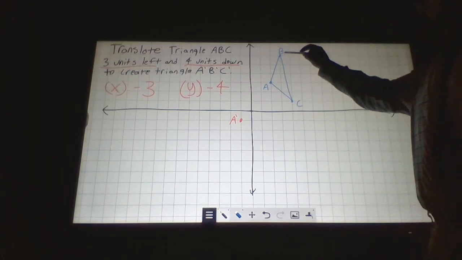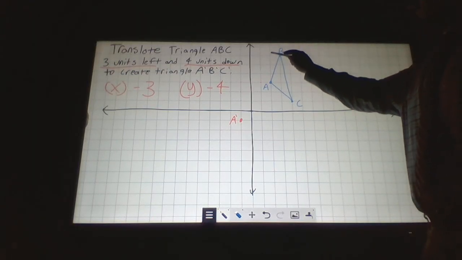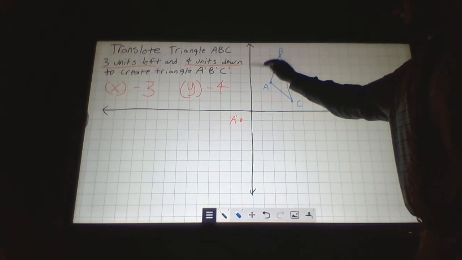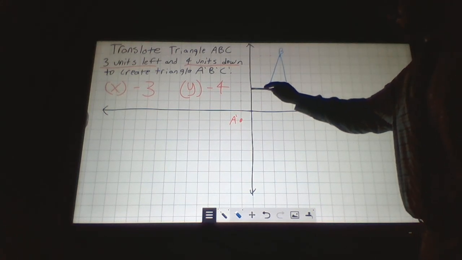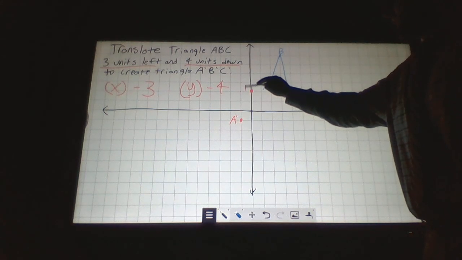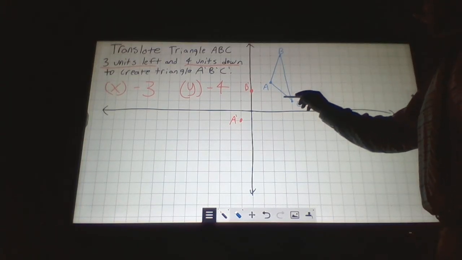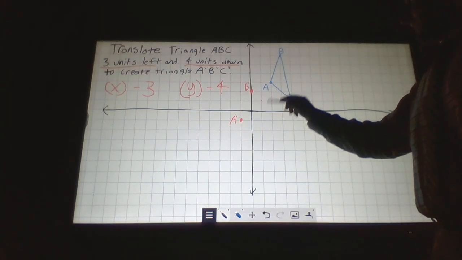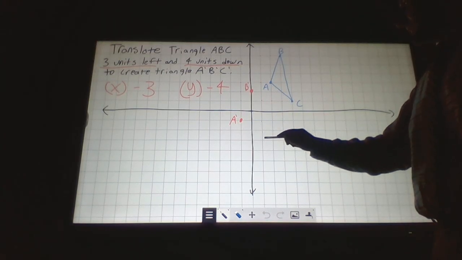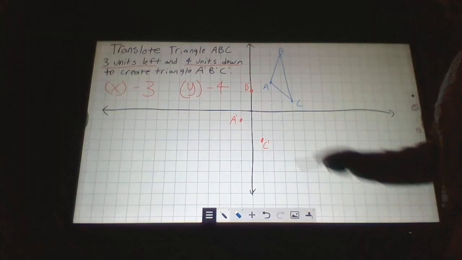Once we've finished A, we can do the same thing with B. 1, 2, 3, and 1, 2, 3, 4. There's B prime. And finally C. 1, 2, 3, and 1, 2, 3, 4. And we get C prime like that.